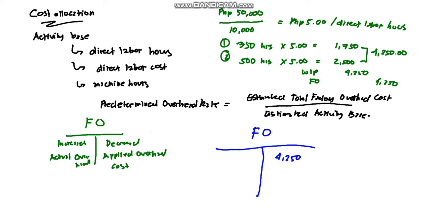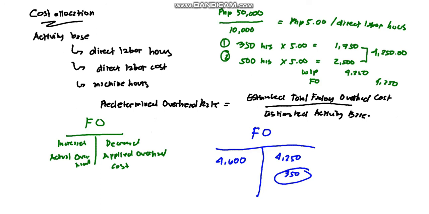Let's just say that the actual cost incurred is 4,600. So the over applied balance would be how much? That's 350. Okay.